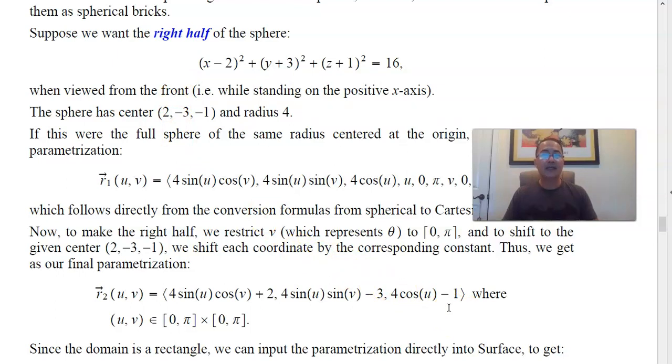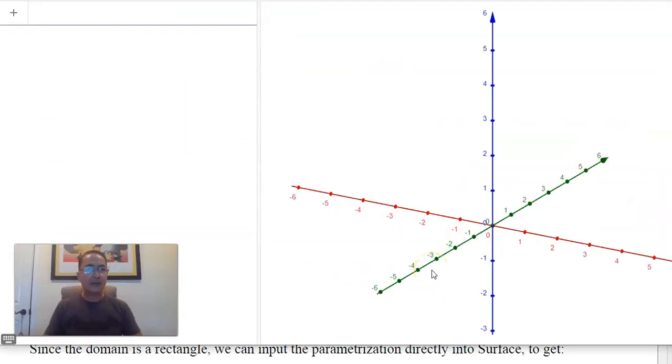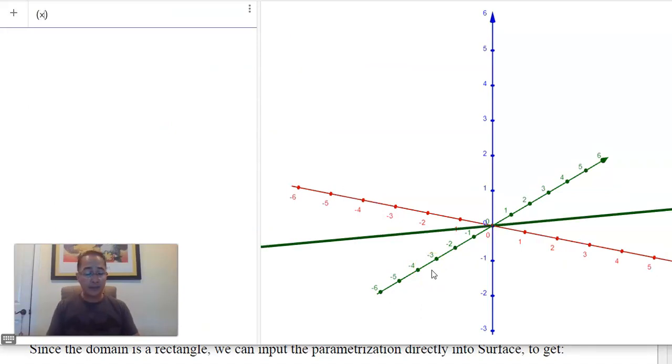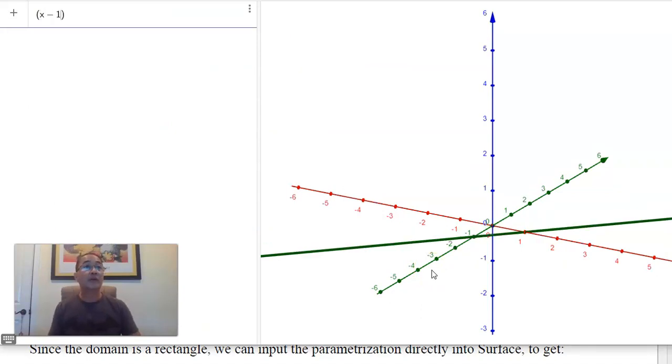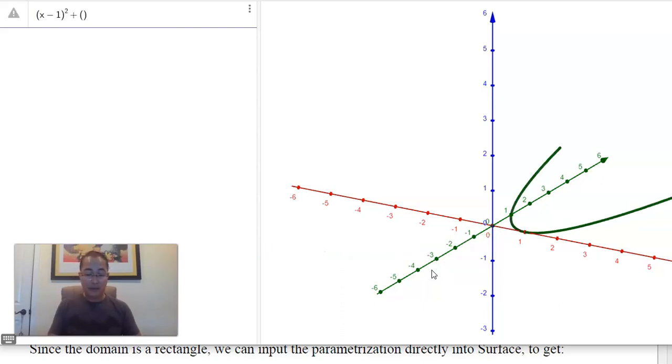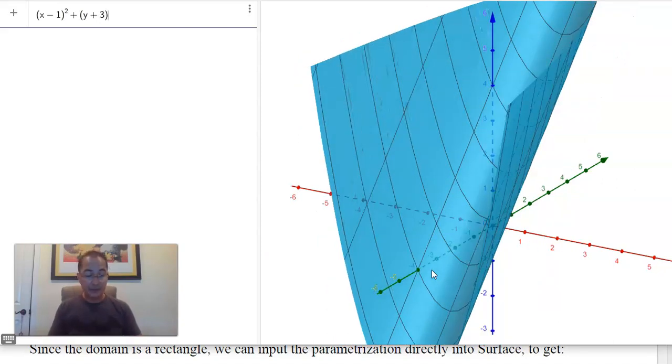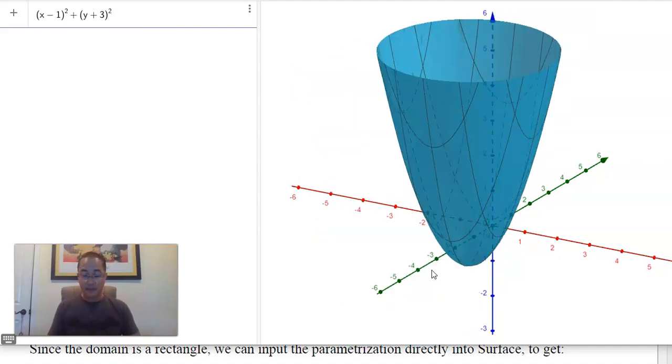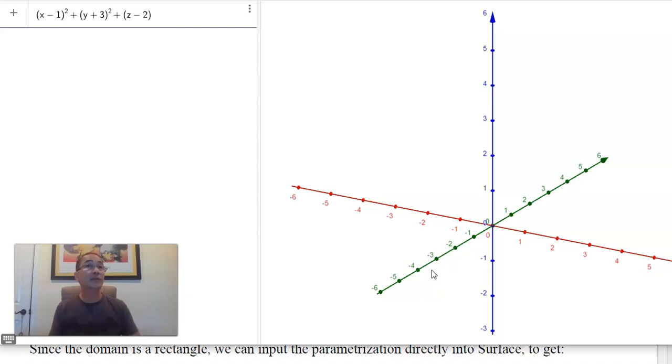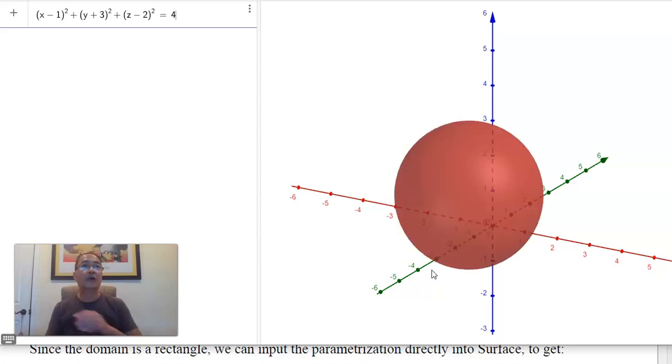So let's go to GeoGebra and let's make, how about an upper half sphere? Now anything goes. So how about x minus 1 squared plus y plus 3 squared, plus z minus 2 squared equals 4.